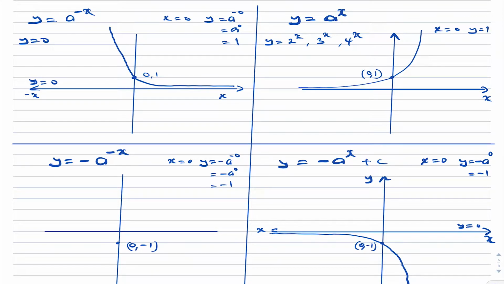So that's why it's minus 1 here. And now when we draw the curve, it's just going to approach 0 but never touch it, because y equals 0 is a line of asymptote, because there's a constant here, c, and c is 0. So those are the 4 graphs that we need to know and understand in terms of exponential functions.